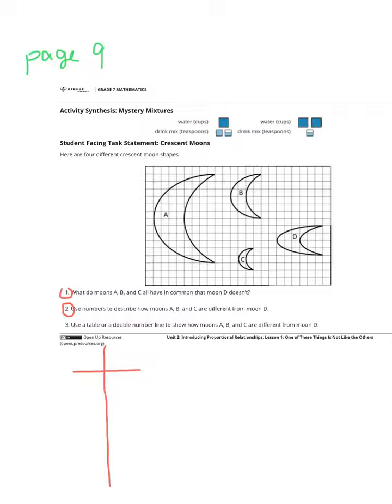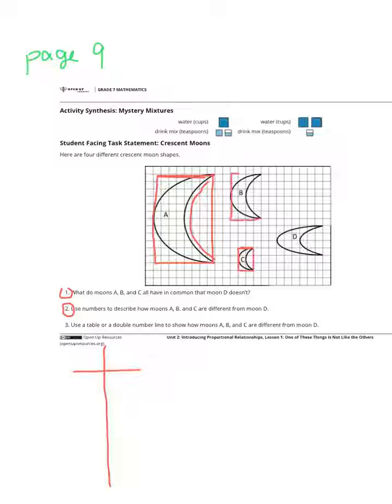So what I want you to do is pause here and draw yourself, because we can't measure along the curvature, but we can measure a width and a height. So I want you to draw yourself a little rectangle around each of these moons so that it touches the top corners and the bottom sides.